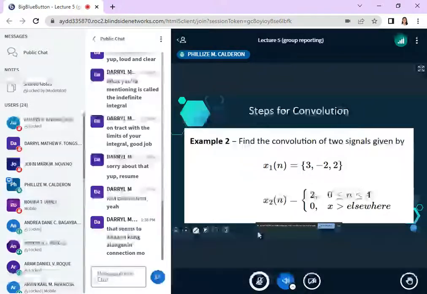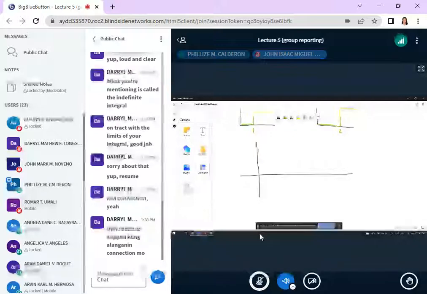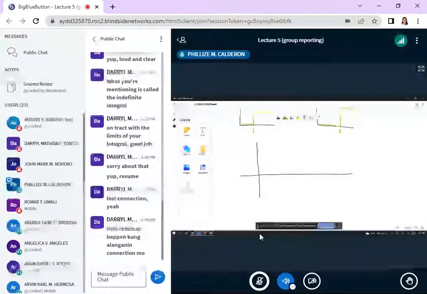So, i-draw muna natin para mas maintindihan natin siya. Ganito itsura niya. Sabi dito, di ba usually ang ginagawa natin sa piecewise is given na yung magnitude niya. So, dito yung 2, aangat siya ng 2.